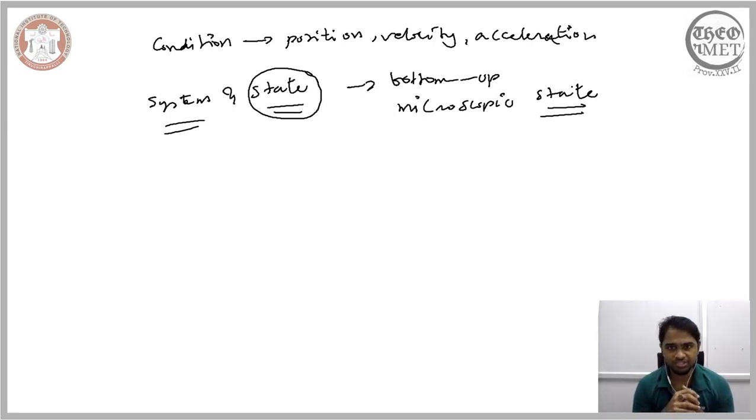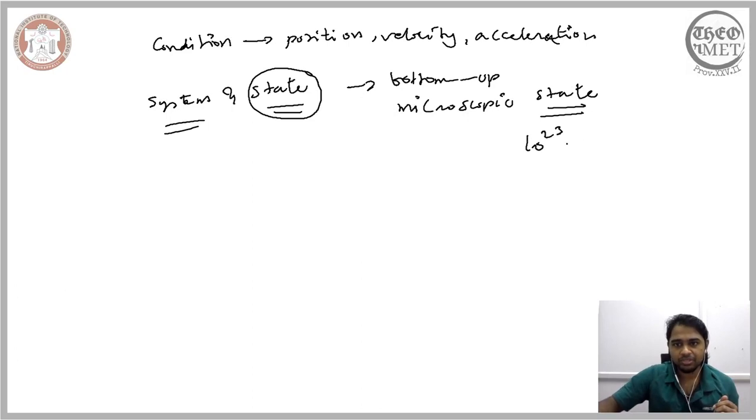Now the problem with this bottom-up approach is that the entities are not few in number. Usually, when you want a system that is perceivable by us, that we can see, it should have at least around 10 to the power 23 entities.